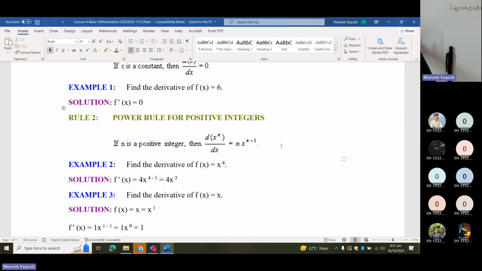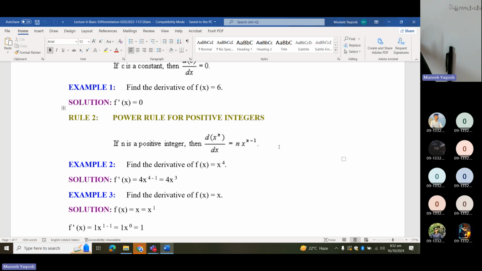Now if we are to calculate the derivative of 7x, it would be 7 multiplied by 1, that is 7. If we are to calculate the derivative of minus 11x, then it would be minus 11 multiplied by 1, that is minus 11. So we must keep this in mind that the derivative of a constant is 0. And if a constant is multiplied with a function, then the derivative is the constant times the derivative of the function.